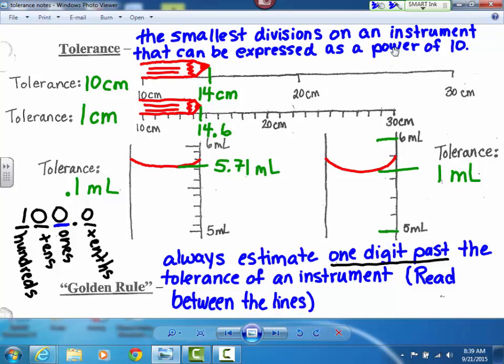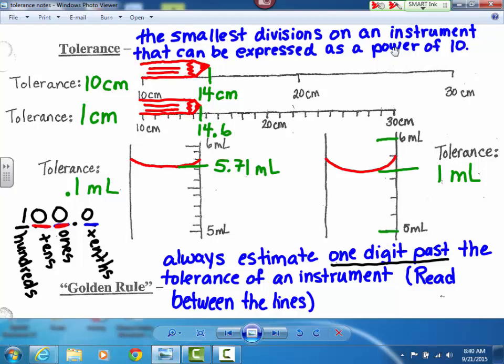And if you look at our measurement, we estimated to the tenths. We went 1 place past. Same thing if you look at the first one we did. The tolerance was 10, so the tolerance was here in the tens place. Look at our measurement, we estimated to the ones.